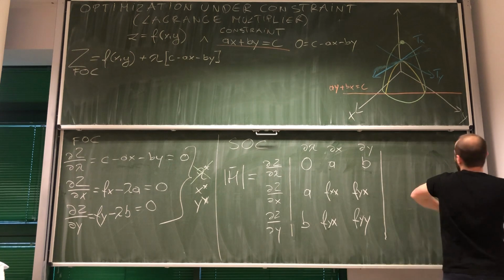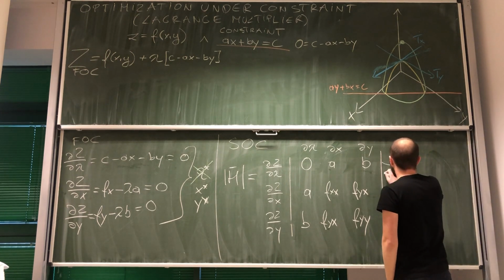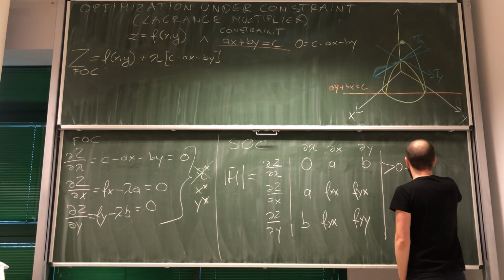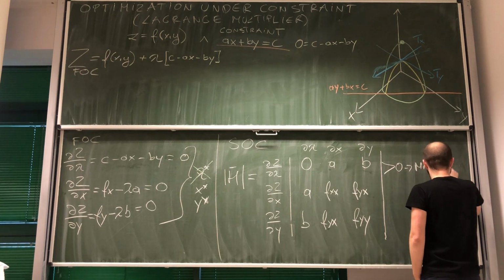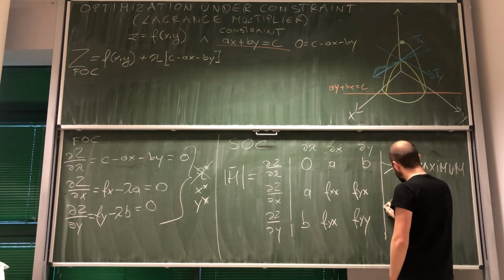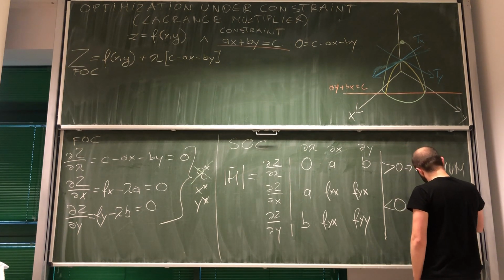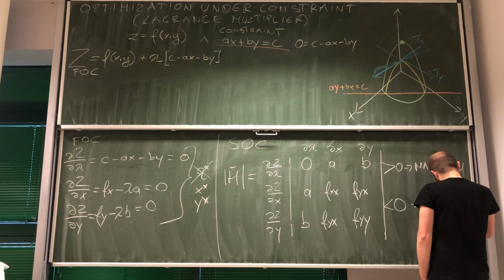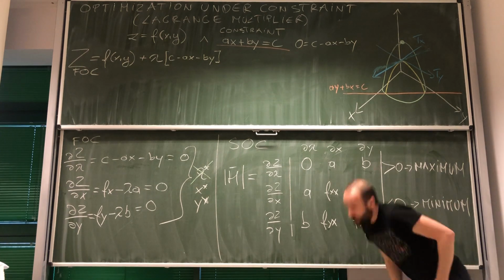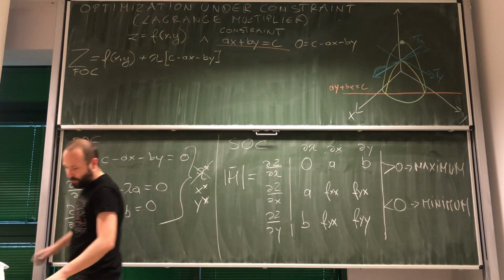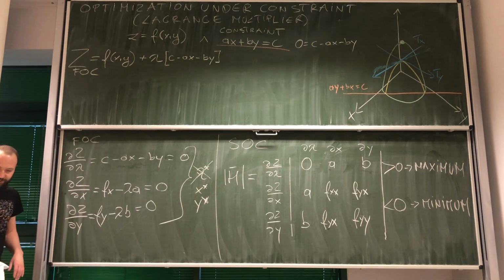And look, again, here nothing changes. If this is bigger than 0, we've got maximum. If this is lower than 0, we've got minimum. Now, let me just tell you why it is called bordered Hessian.